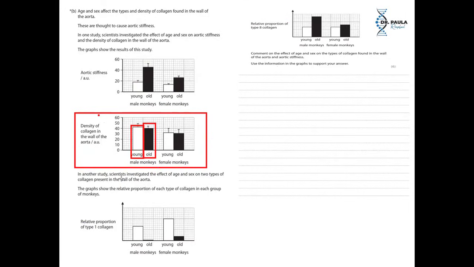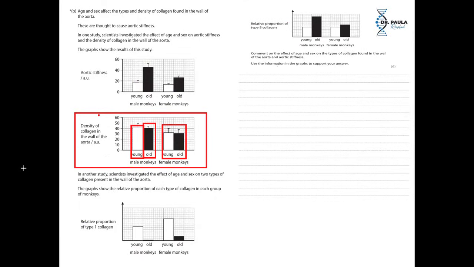Same as for stiffness? No, stiffness was getting higher in old male monkeys. But the density here is more or less similar, with a slight decrease. Same idea there for the female. It's very obvious, and for sure, error bars are overlapping. So you can say that there is not much difference between them.